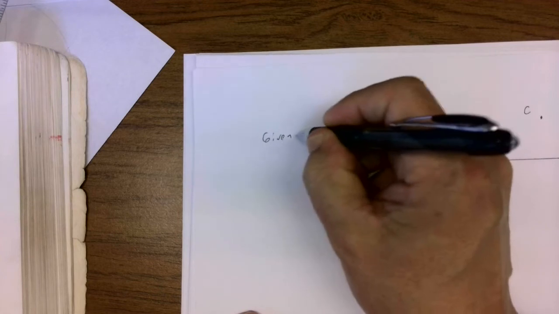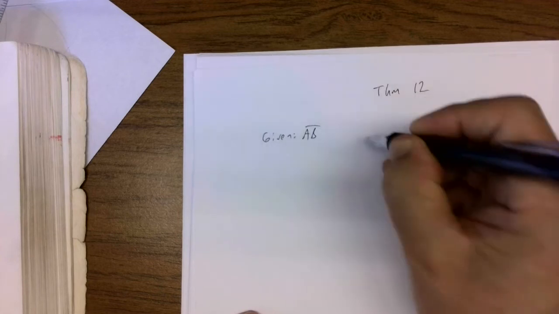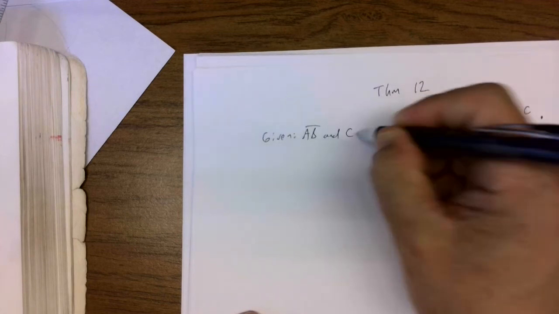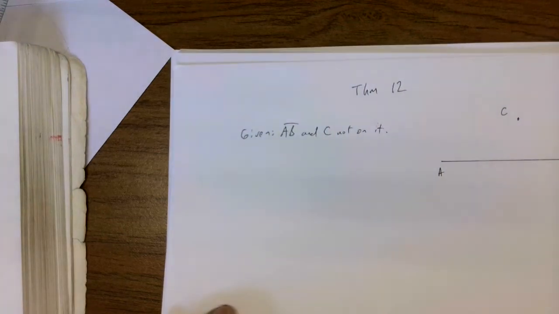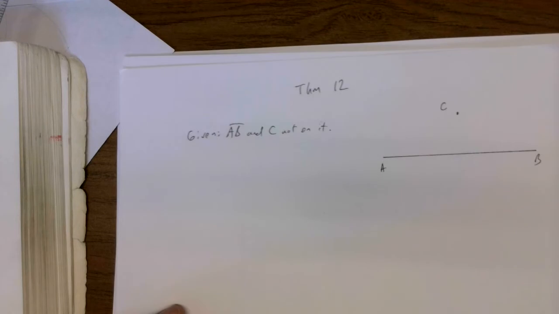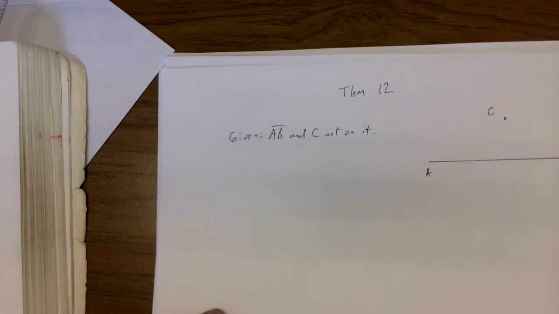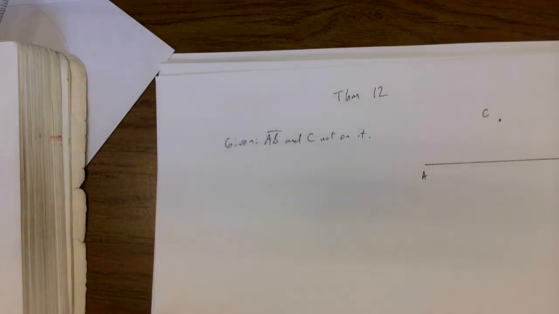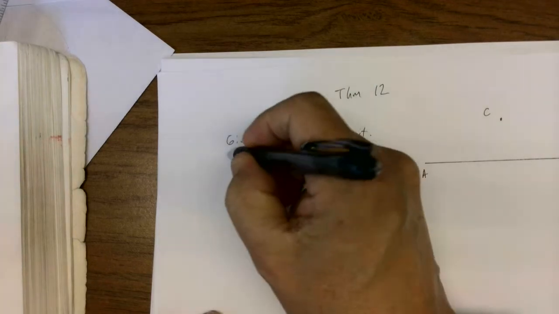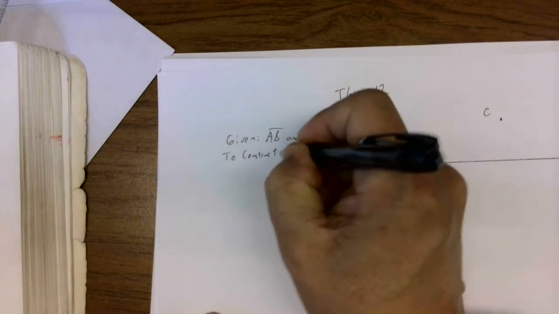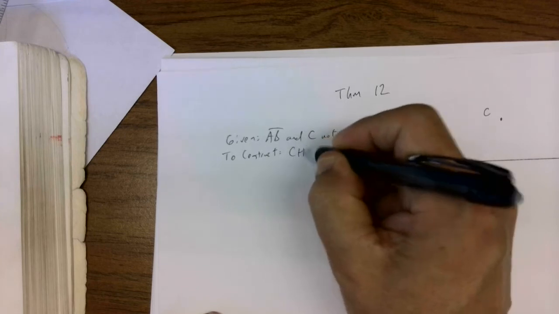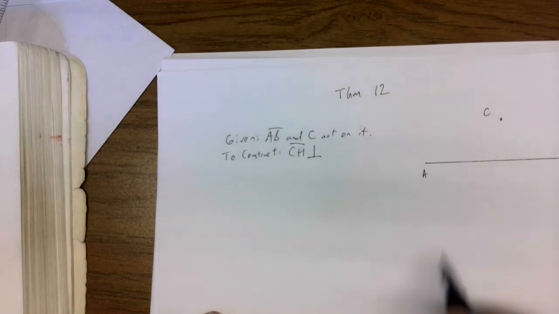Given segment AB and C not on it. So C is above the line. It could be below. Then just flip it over and do it the other way. All right. To construct, we need to construct line CH perpendicular.